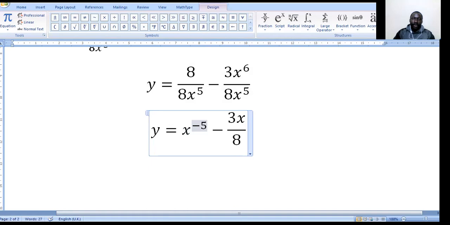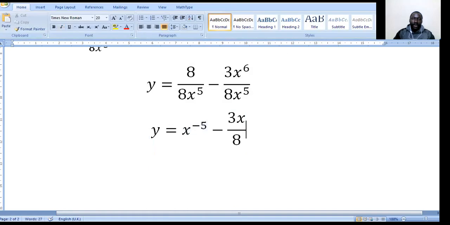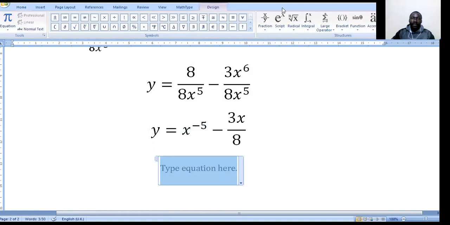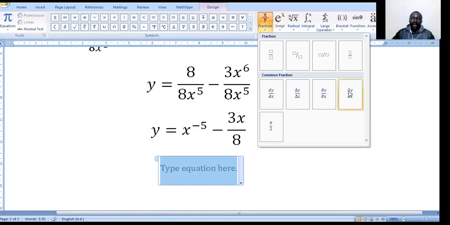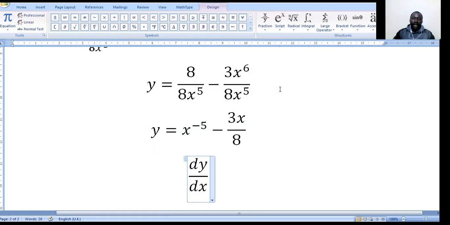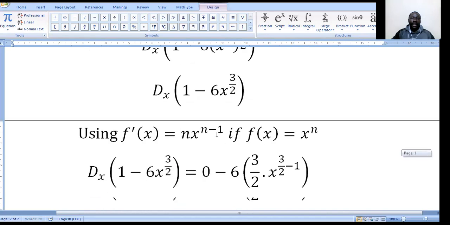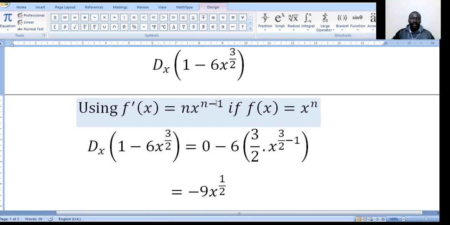You see? Raised to the power of -5. Yes. Now, from there, we can go ahead to differentiate. We can therefore say the value of dy by dx, or simply y prime. That's fine. Now notice that in this case, n is -5. And so we'll be having from the formula, which we have already written up here, n x to the n minus 1.